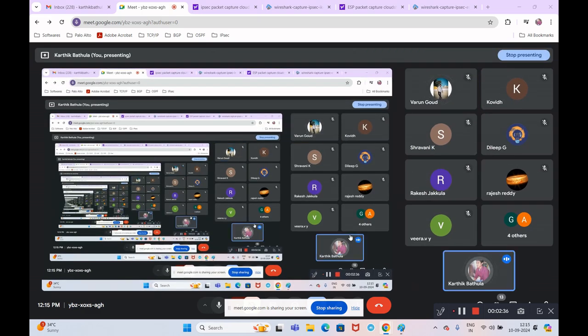There is not much difference between main mode and aggressive mode. In main mode we have six messages, but in aggressive mode only three messages are exchanged. The first five messages of main mode are all combined into one message in aggressive mode.